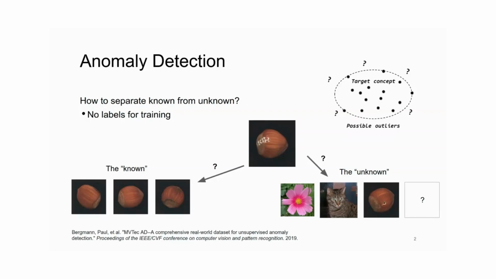And we assume that we do not get to see any anomalies during training, and this is very challenging because anomalies might appear in many ways, and it is hard to predict which kind of anomalies we might encounter during inference.